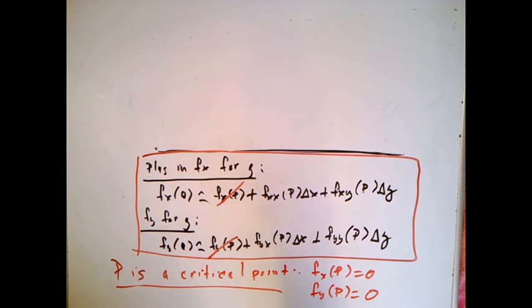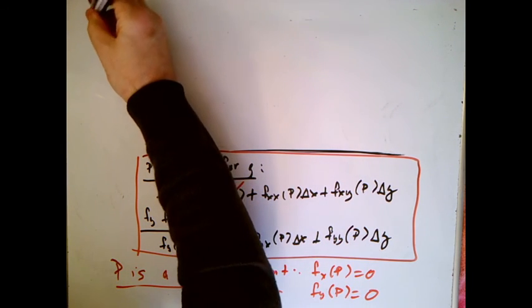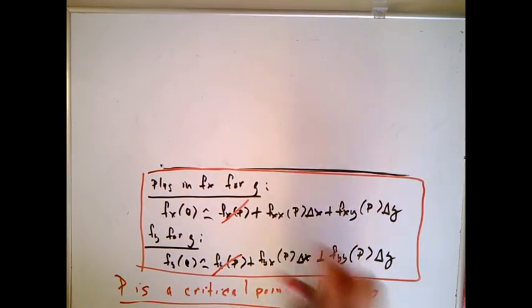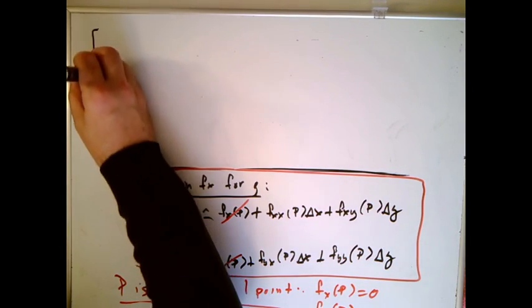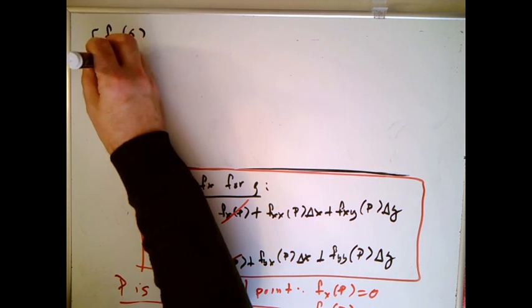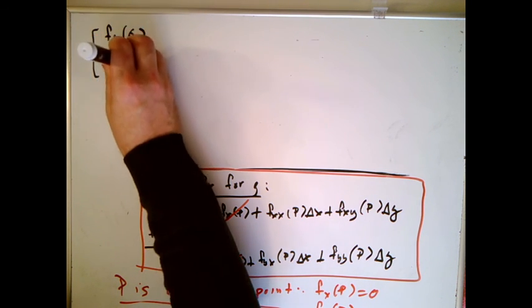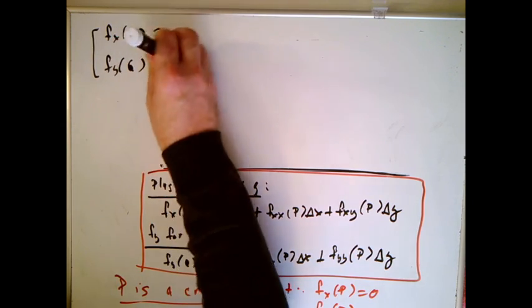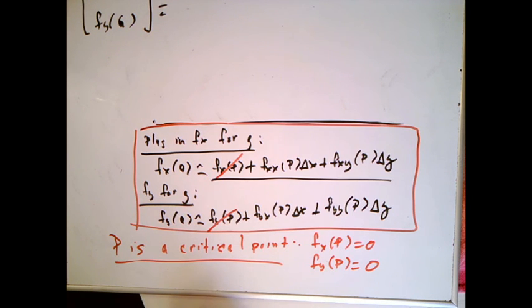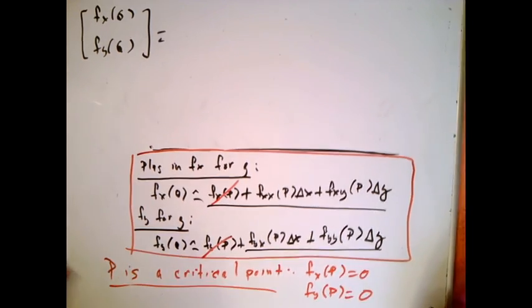So what I'm going to do is write f_x at q. Remember, we're trying to make a gradient out of this, right? In fact, I'm going to write it like a vector. I'm going to say f_x at q, f_y at q is equal to this whole mess in place of f_x at q, which is a really good close estimate, and this whole mess for f_y at q. So here we go.